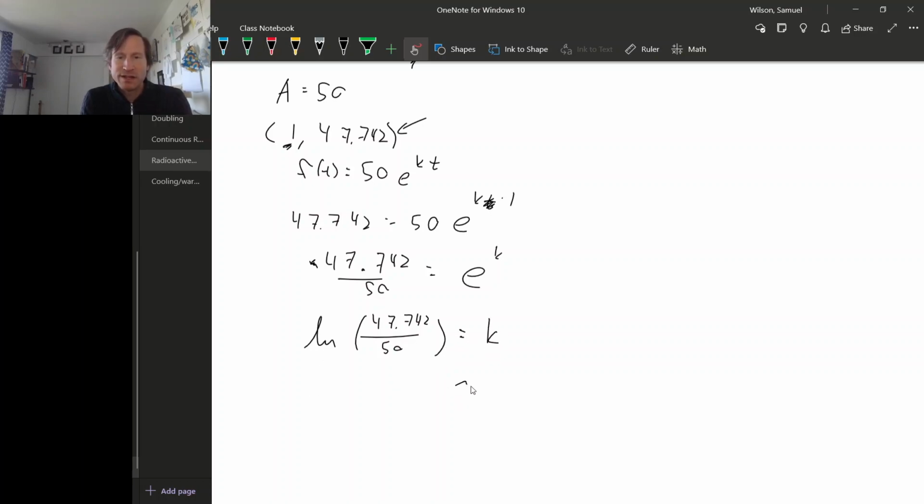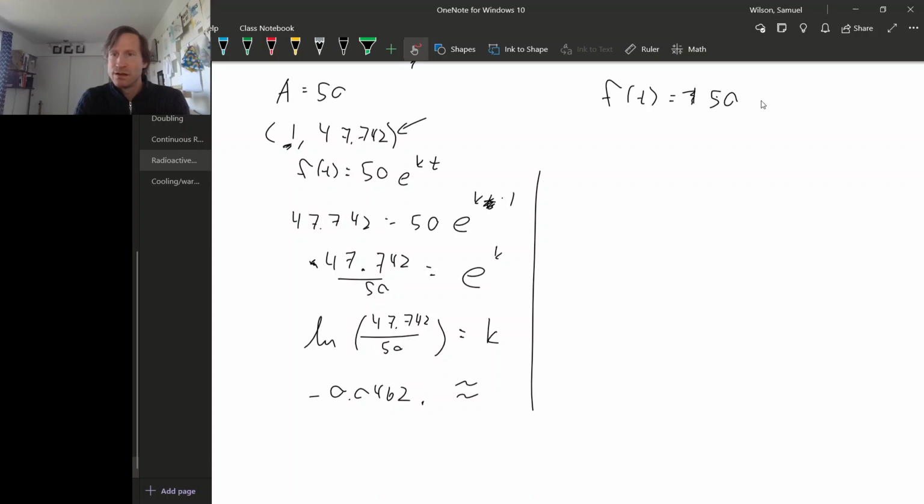Now we can get a decimal approximation for k. Taking natural log of 47.742 over 50, k is about negative 0.0462.